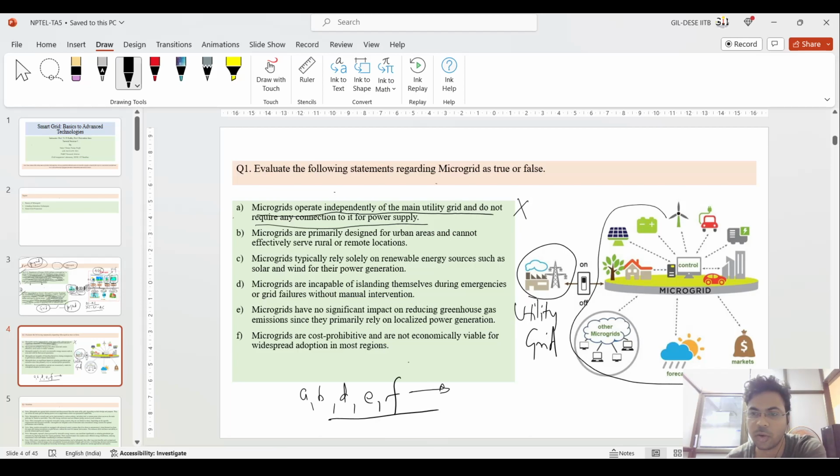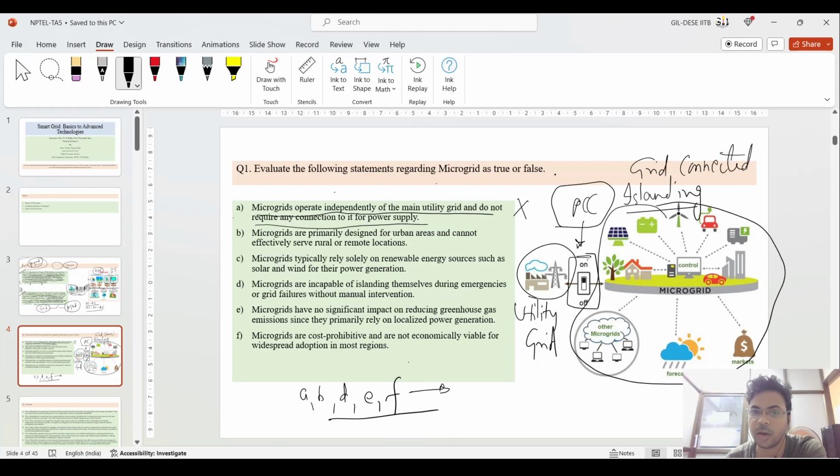This is your utility grid, and it is connected to the right side microgrid setup through this on and off switch. This is a point of common coupling, which can make the microgrid act either in the islanding situation or in the grid connected situation. So it can independently operate. So the first statement is false.